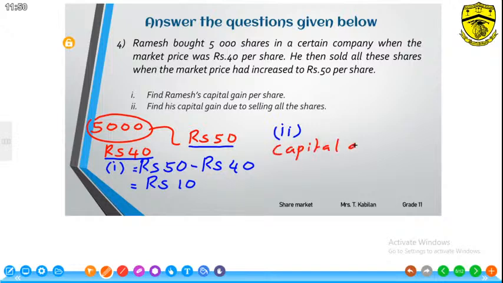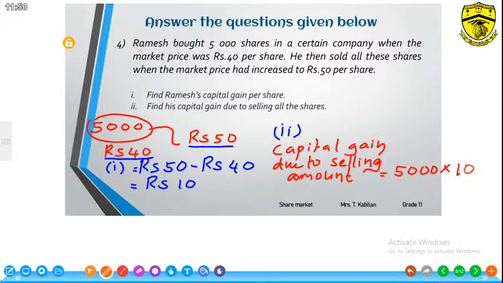Ramesh sold all shares, so 5,000 multiplied by the capital gain per share we have already found, that is rupees 10. So 5 into 1, add the zeros: rupees 50,000 is the capital gain due to selling all the shares, right?